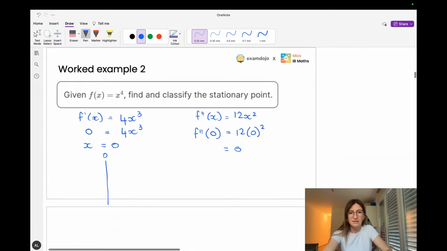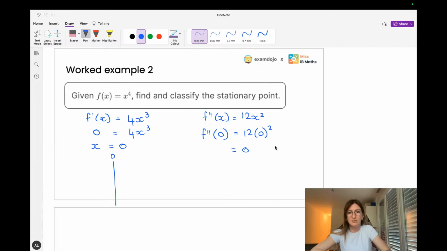But here I get 0. So that's not positive or negative. So that means it is, we say, an inconclusive test. And that means we have to revert back to the first derivative.